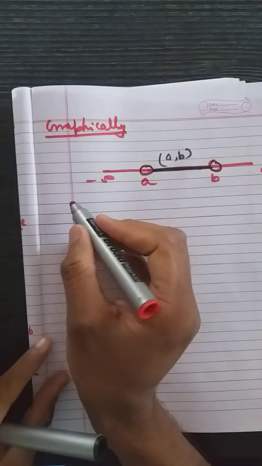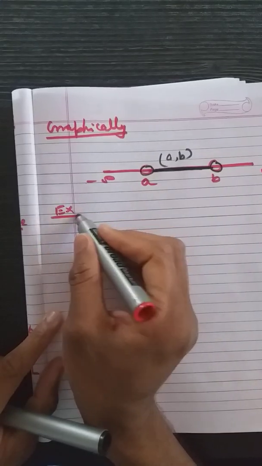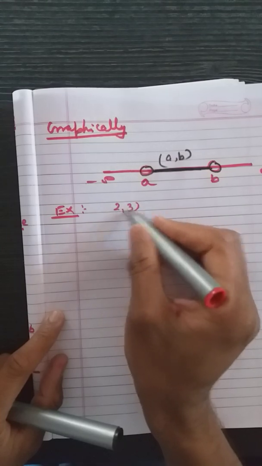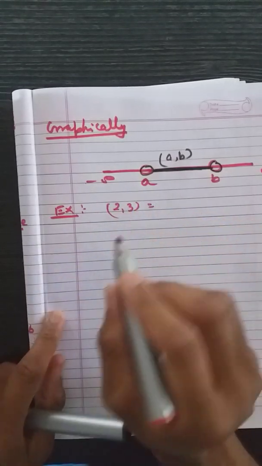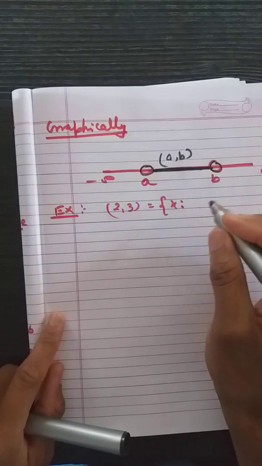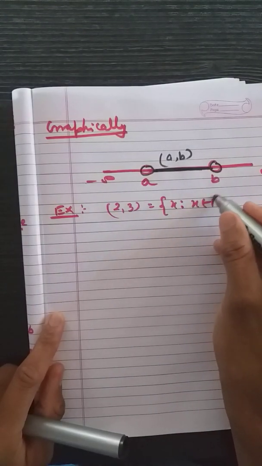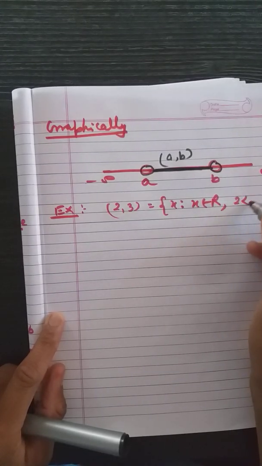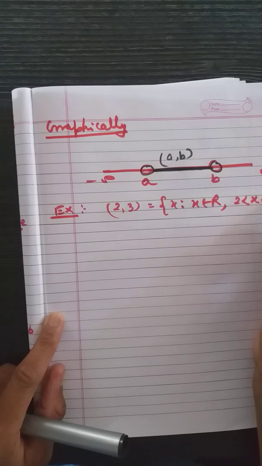Let's understand with the help of an example. The open interval 2 comma 3 equals x such that x belongs to R, and the value of x is greater than 2 and less than 3, excluding 2 and 3.